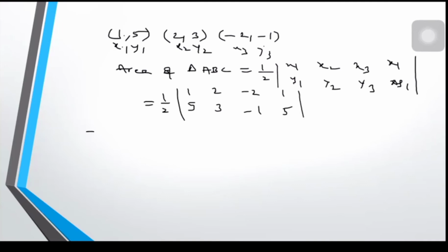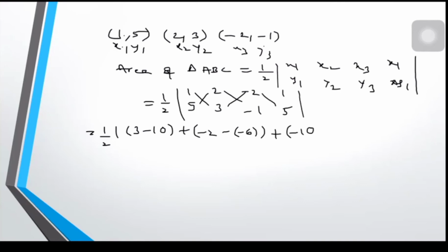Now 1 by 2 into: 1 threes are 3 minus 5 twos are 10, plus 2 into minus 1 is minus 2, minus of minus 6, plus minus 2 into 5 is minus 10, minus 1.